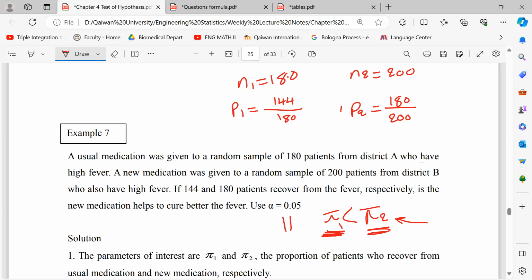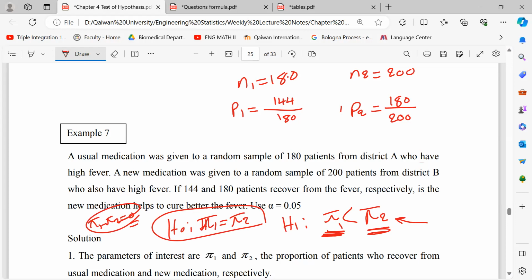This is H1. H0, as we said before, is always equality. We say H0 is if there's no difference between the usual and new medications. H0 is pi1 equals pi2, or pi1 minus pi2 equals 0.